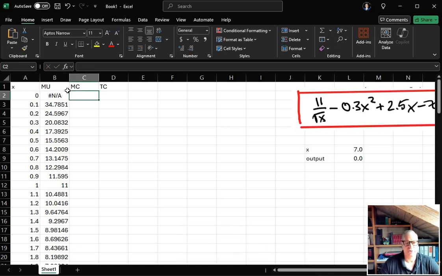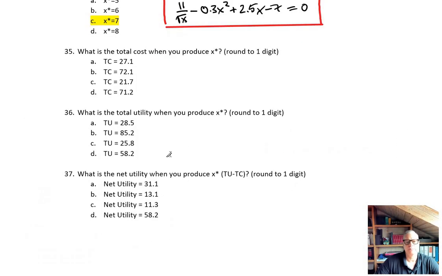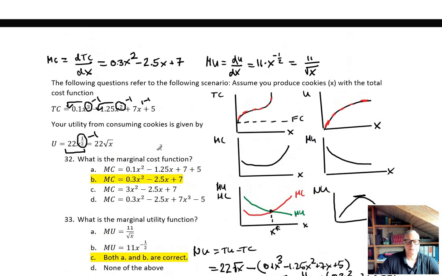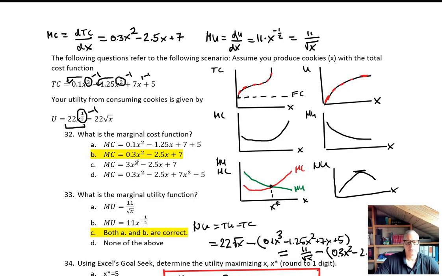Okay, the marginal cost was, actually let's go back to 0.3x squared minus 2.5x plus 7.